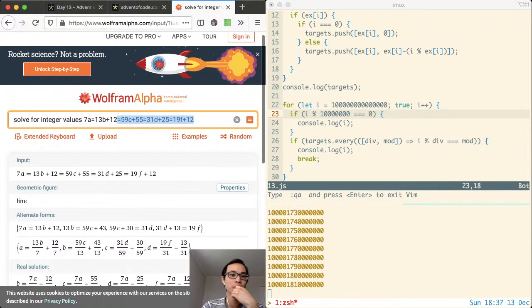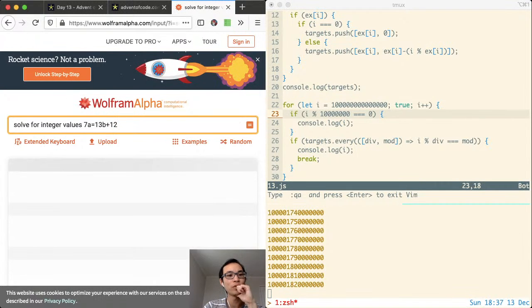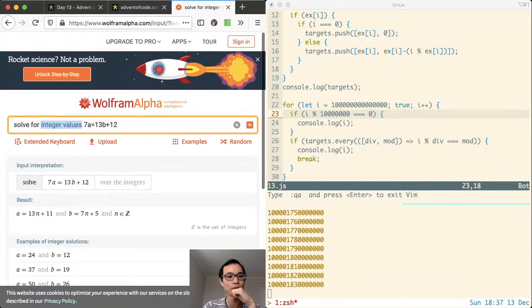How would you solve this on paper? Solve this over integers.